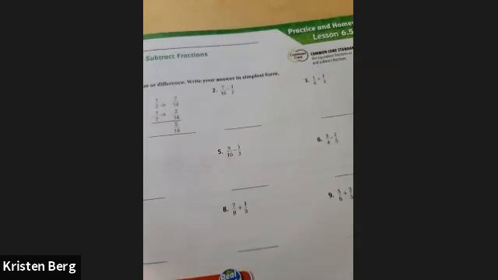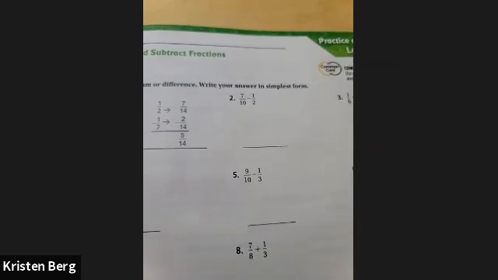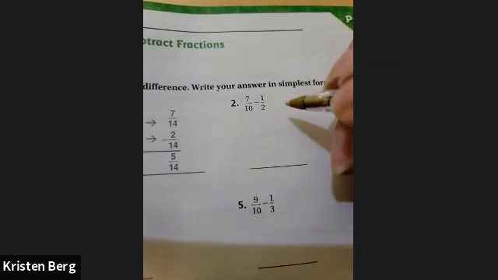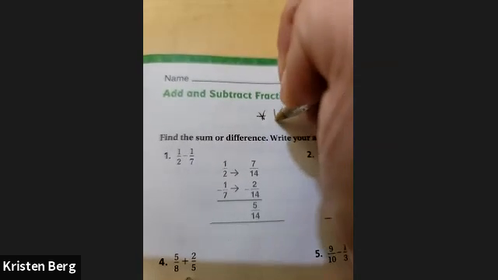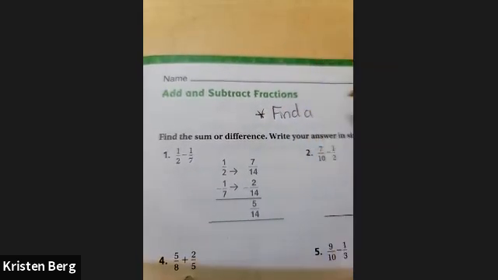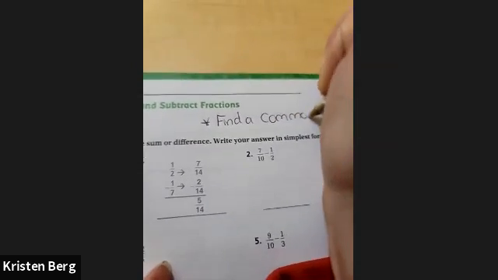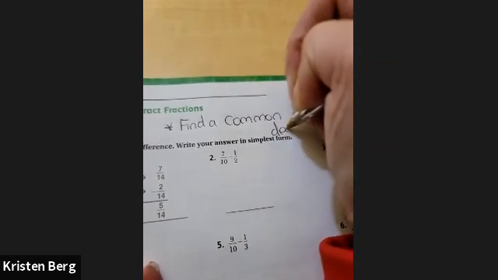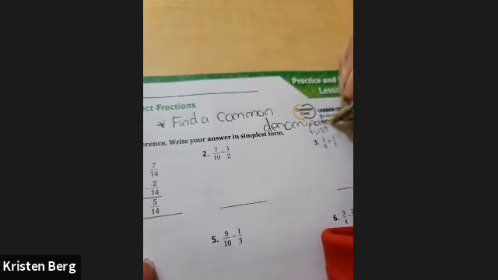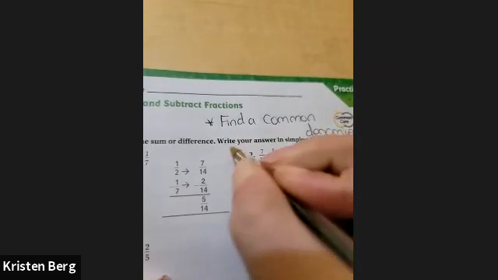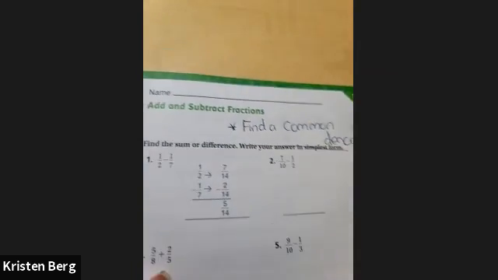Okay, next over here, I will do some of these with you. This one, I should, again, make sure you find a common denominator. All right, don't worry about writing it in simplest form.